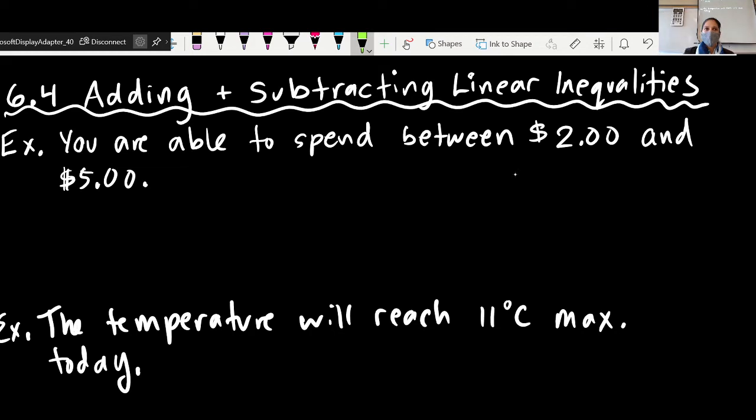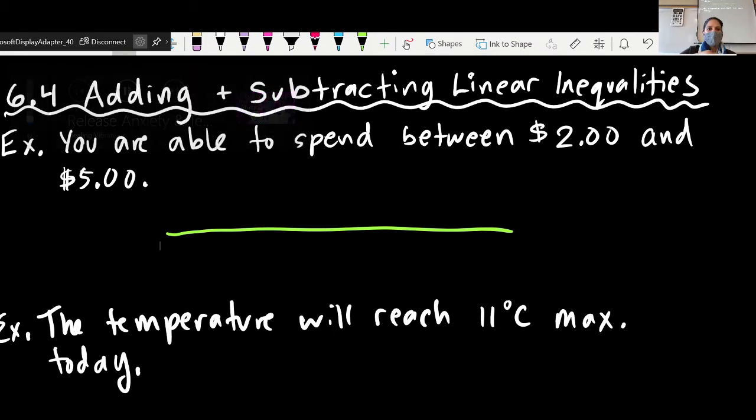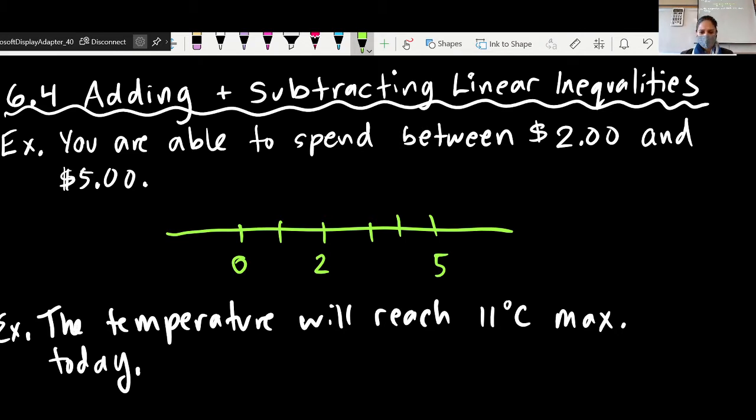We did this already. You learned it last week through the videos, but basically in order to show this solution, we would write a number line, and this is saying you are able to spend between $2 and $5. So I know on my number line, I need to have a 2 there, and I need to have a 5 there.